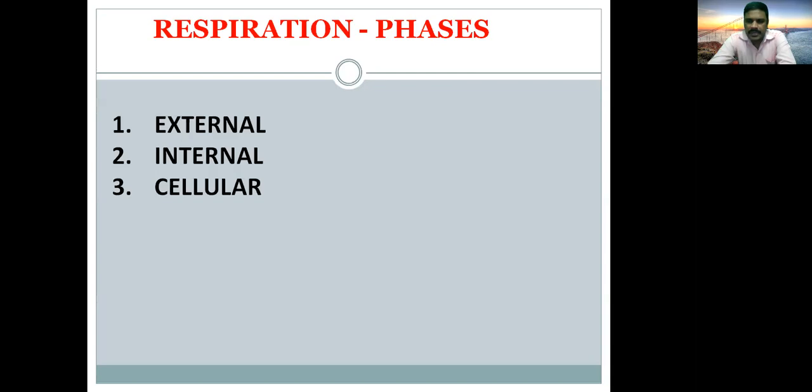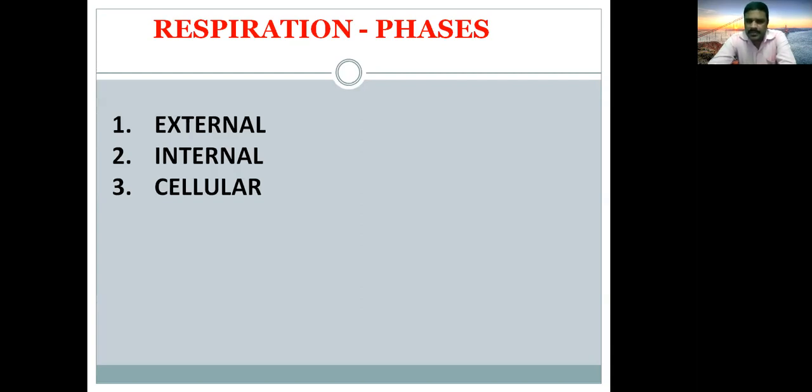Outside of living organisms also, an oxidation process may take place. That process also liberates energy, but it is not called respiration, it is called combustion. For example, we may burn wood, some papers, some books, any material.